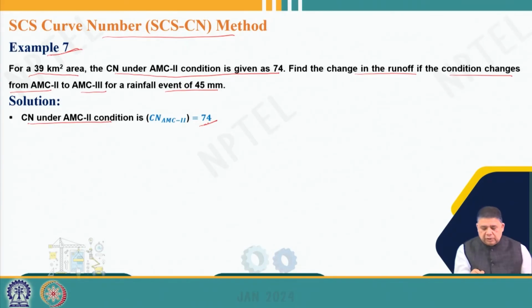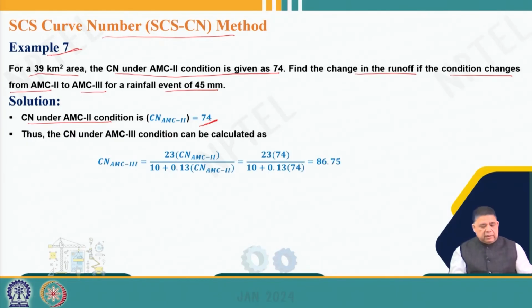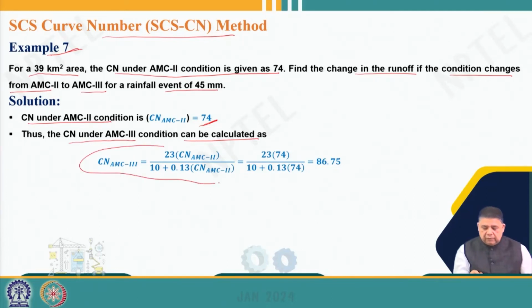So CN AMC2 is 74, and thus the CN under AMC3 condition can be calculated. We already saw that we have both a table as well as a direct formula. So we can use the formula where CN AMC3 is related to CN AMC2 in the following form. Knowing CN AMC2, which is 74, we substitute it in this equation.